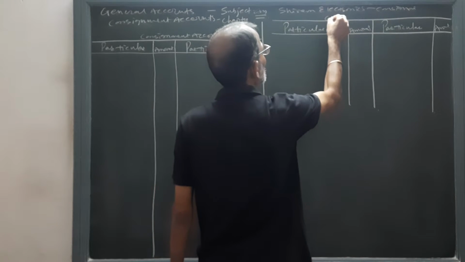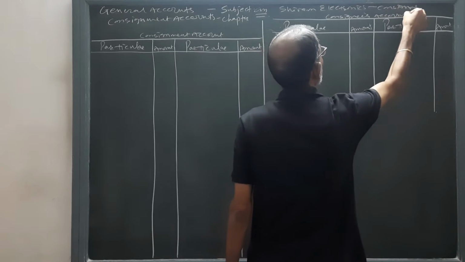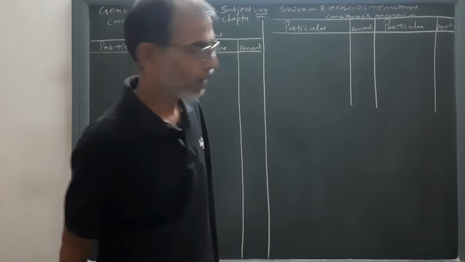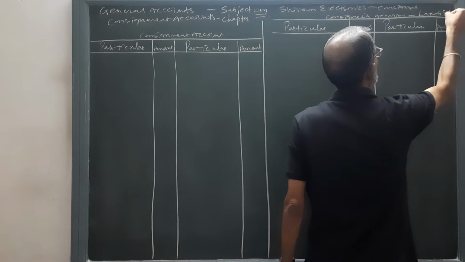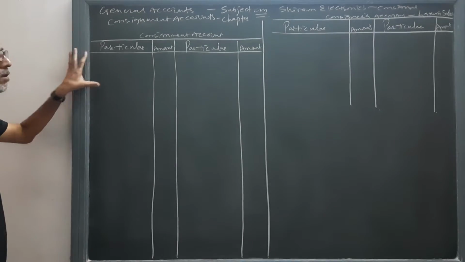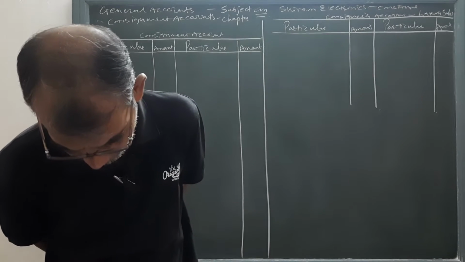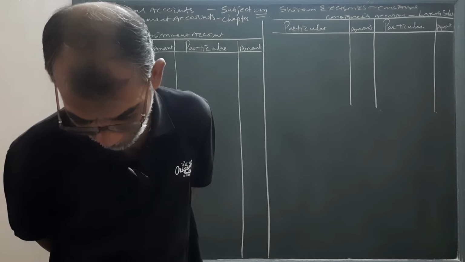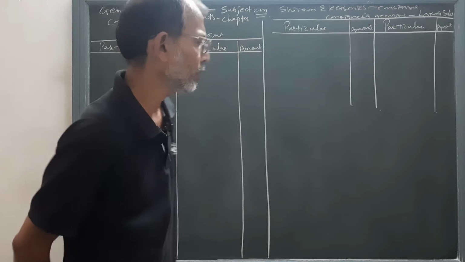This is the consignee's account, which is Lakshmi Sales, and this is the consignment account. Now 50 laptops are sent at 60,000 invoice price, and invoice price is found out by adding 1/3 profit on cost price.